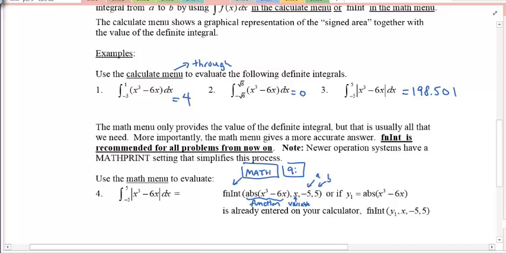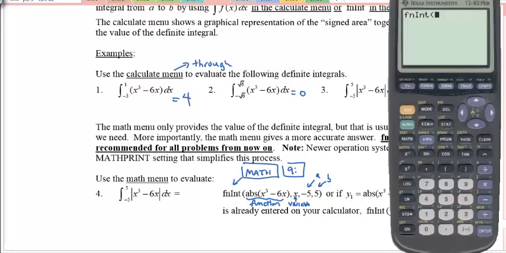Okay? So try this with the math menu. And you just need to be aware of how you can calculate these things using both ways. X cubed minus 6x, close the bracket, comma, x, comma, -5, comma, 5. Takes a bit of time, but you'll get the same answer.